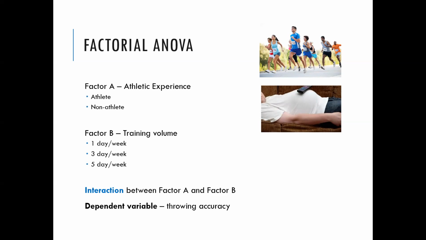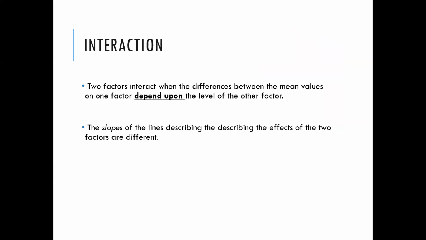So whether the effect on throwing accuracy differs for athletes versus non-athletes across levels of training volume, or vice versa. And that would be looking at our interaction between factor A and factor B. So again, two factors interact when the differences between the mean values on one factor depend on the level of the other factor.